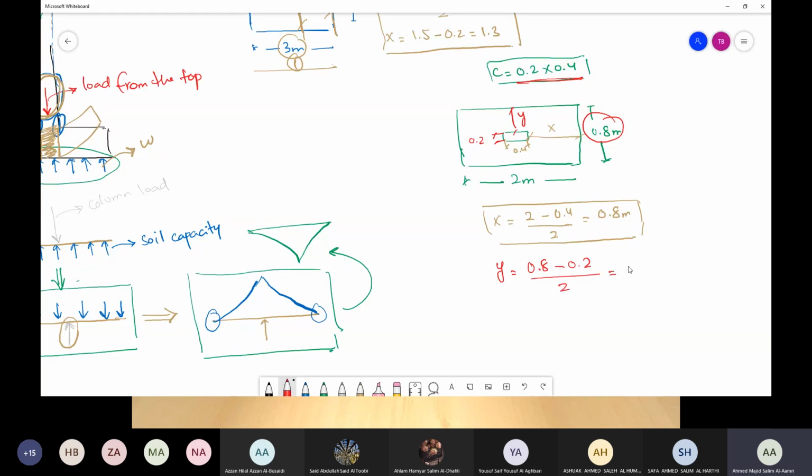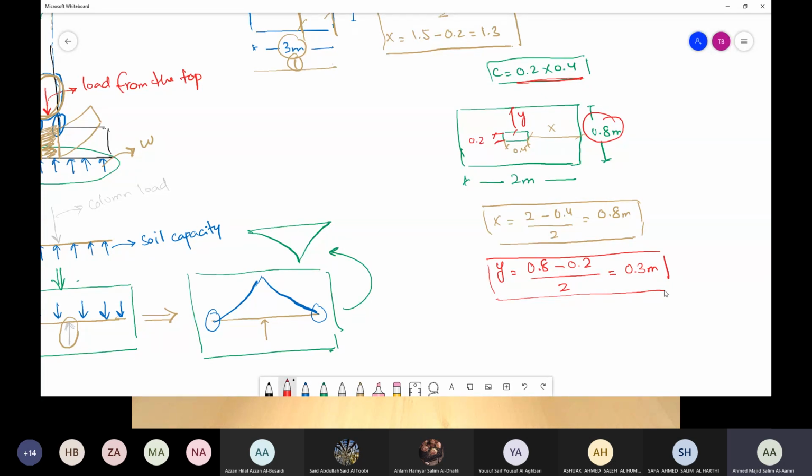So this will give you 0.3 meters. Now you can see that we have two dimensions, or two spans, or two lengths. One is x and one is y.